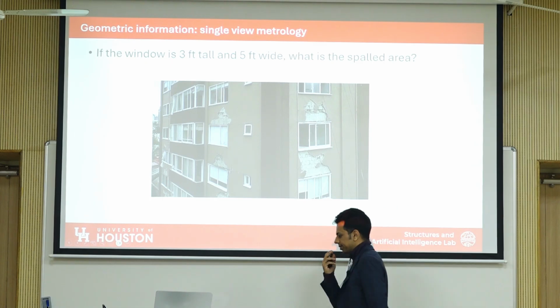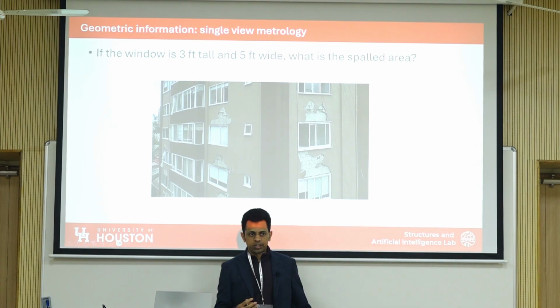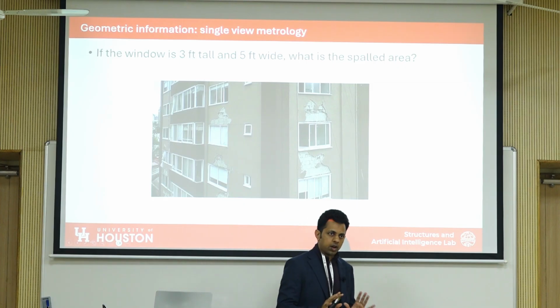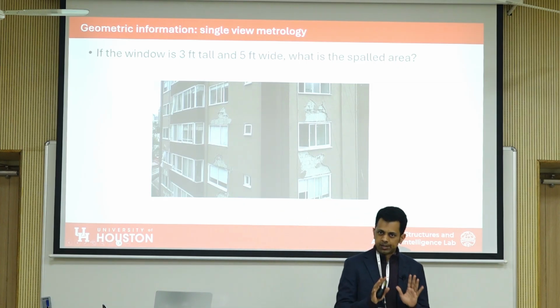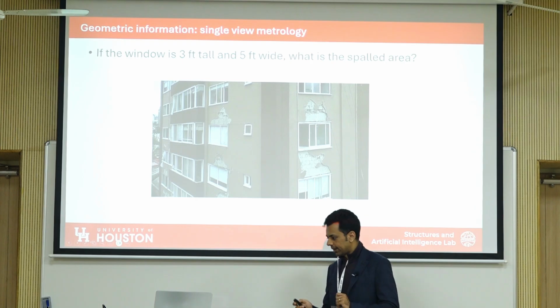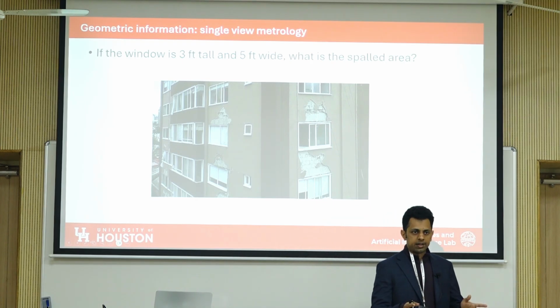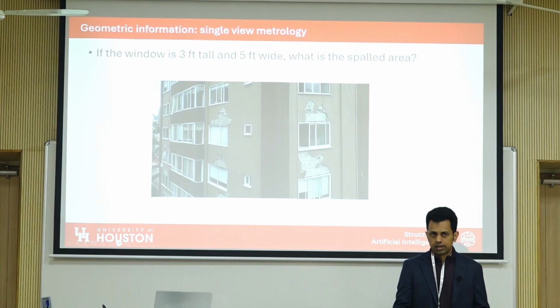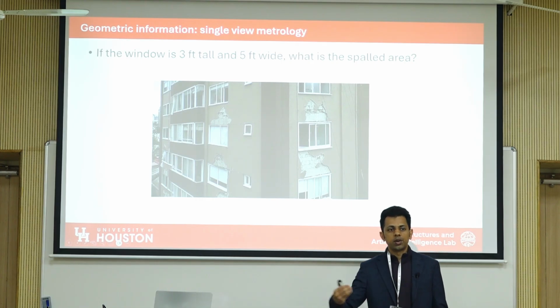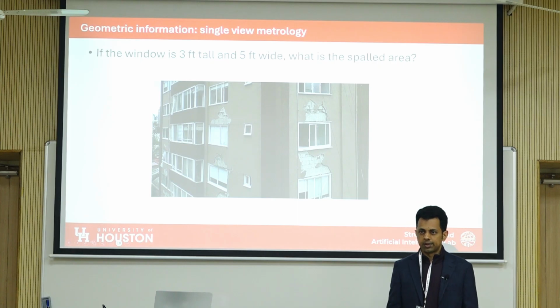So the image is a projection of the real world to a 2D plane, which is the image plane. And that projection causes a perspective distortion. That's something you need to take into account if you are trying to measure things using the image.